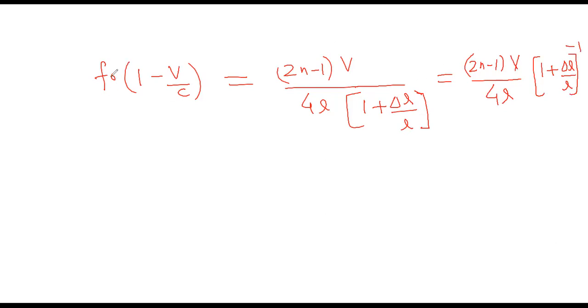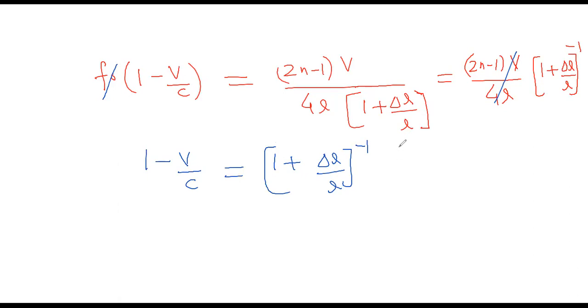Now f naught and (2n minus 1) v by 4l are equal, so you get 1 minus v by c is equal to (1 plus delta l by l) raised to minus 1. This is approximated to 1 minus delta L by L.